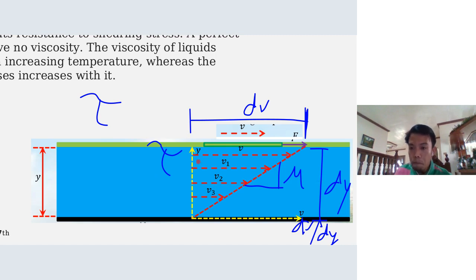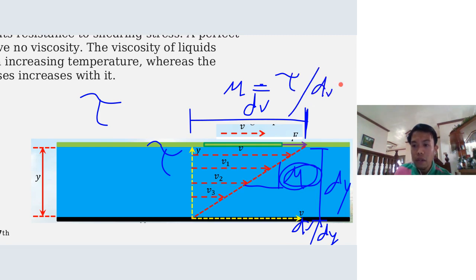Now, given that this is the constant of proportionality, this will be equal to what? We have rise over run. Okay, rise over run. So viscosity will be equal to the shear stress over dv over dy.